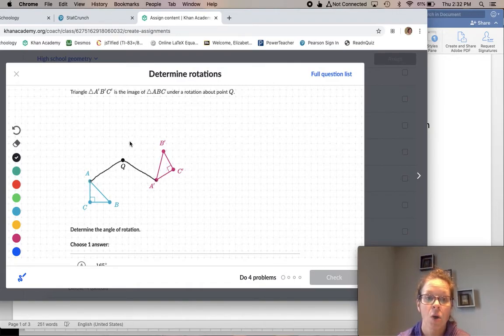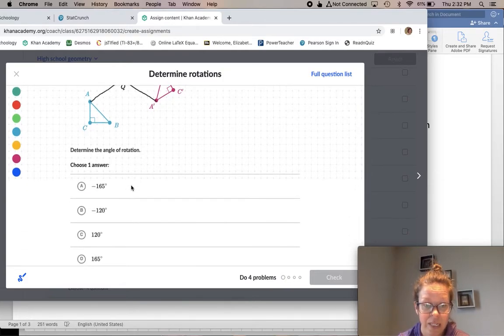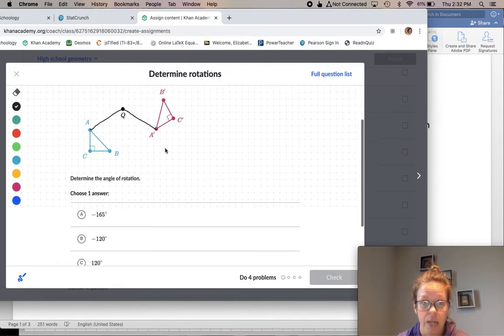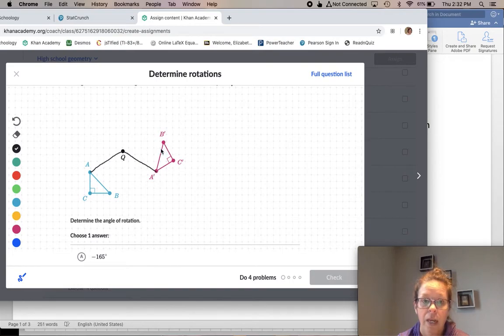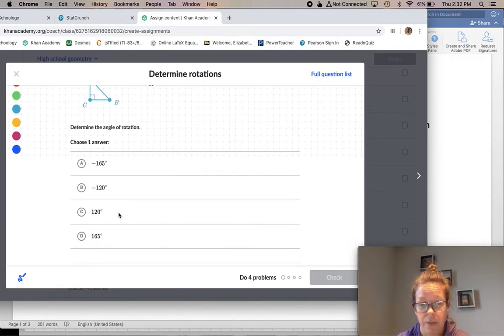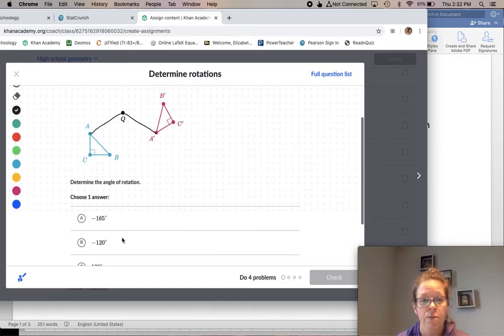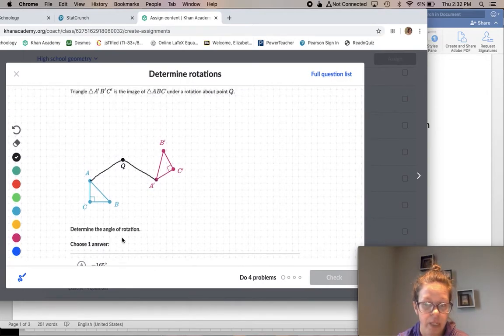So that means I'm going in a counterclockwise direction. So counterclockwise is going to be a positive angle. So of my answer choices, I can now eliminate both of these negative ones. It's not going to be those negative ones. Now I need to decide, is it positive 120 or is it positive 165?